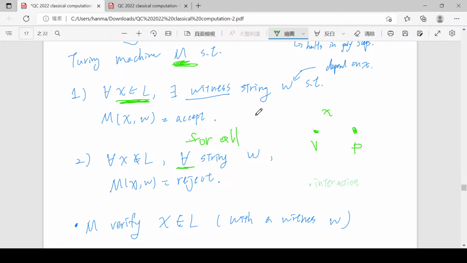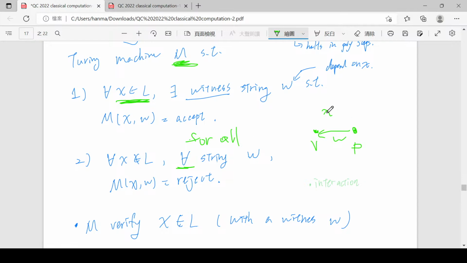If X is in L, then the prover can prove to the verifier that X is in L, because the prover can send the witness to the verifier, and the verifier can compute this M of X, W, because M is very efficient, and see that it's actually correct.